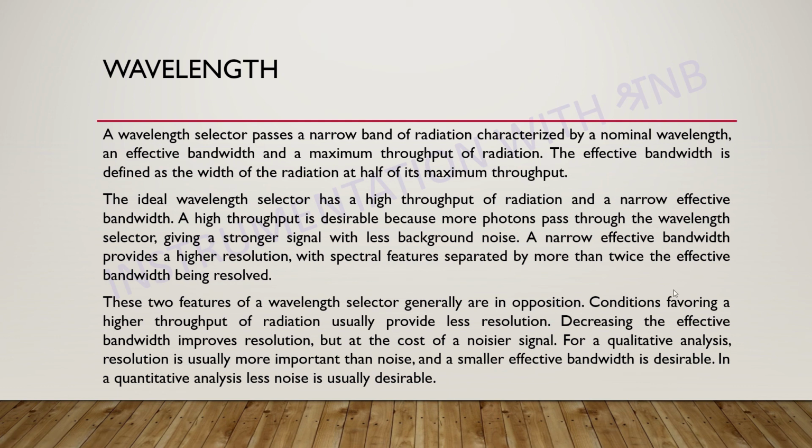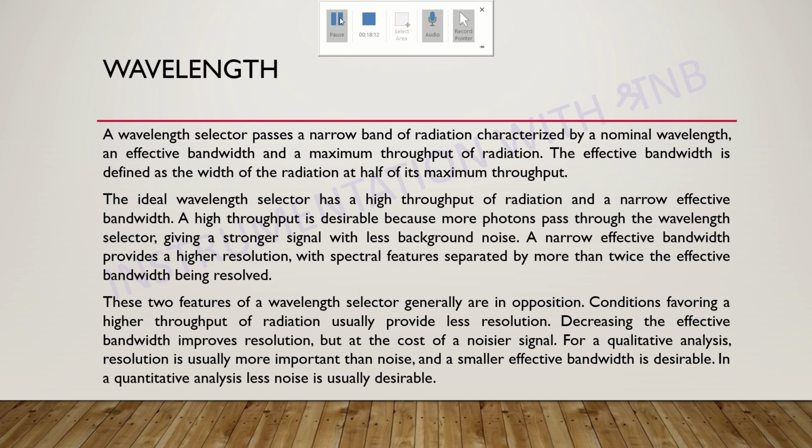The ideal wavelength selector has a high throughput of radiation. Throughput of radiation means the source of radiation. High throughput of radiation means more radiation would pass through the sample. The ideal wavelength selector has a high throughput of radiation and a narrow effective bandwidth.